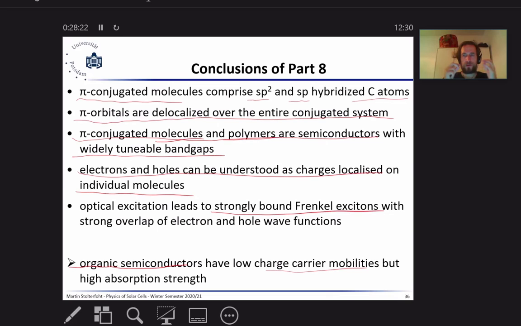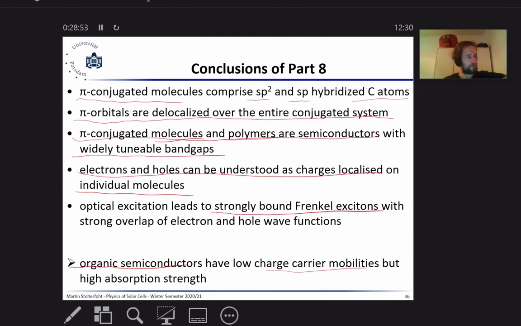And there's a very strong coupling between the photon and the electrons. So one molecule can already absorb the photons. As a comparison to other semiconductors, the absorption is typically very strong in organic materials, organic semiconductors.